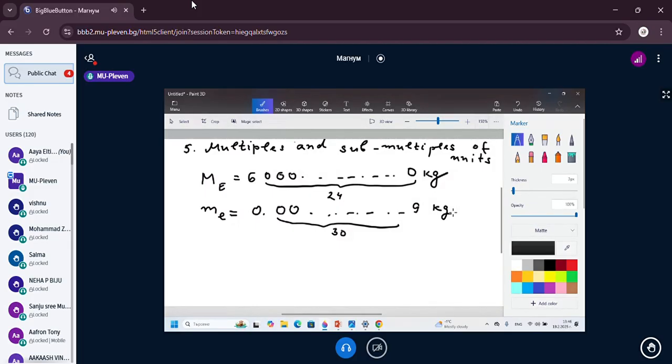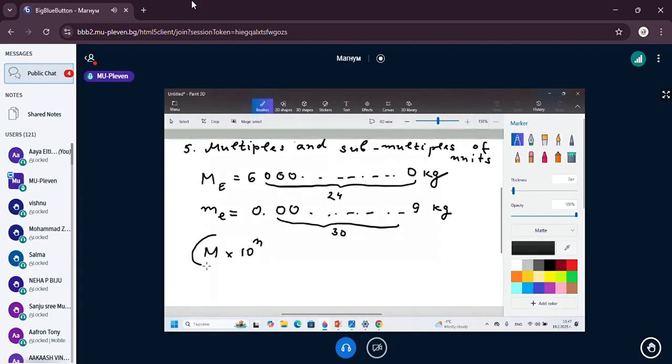To write them easily, we use a method which is called scientific notation. In scientific notation, numbers consist of a non-zero digit to the left of the decimal point and a positive or negative exponent.